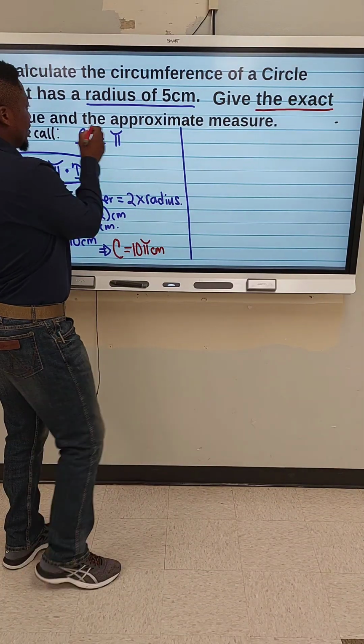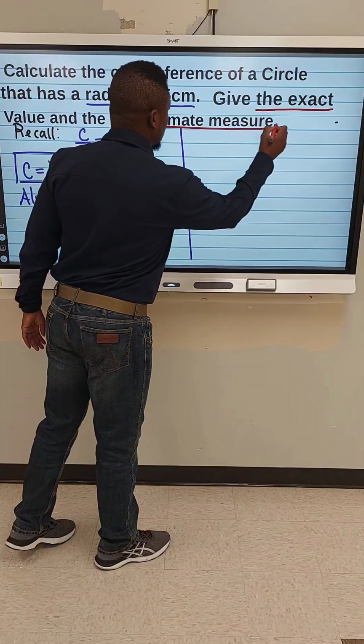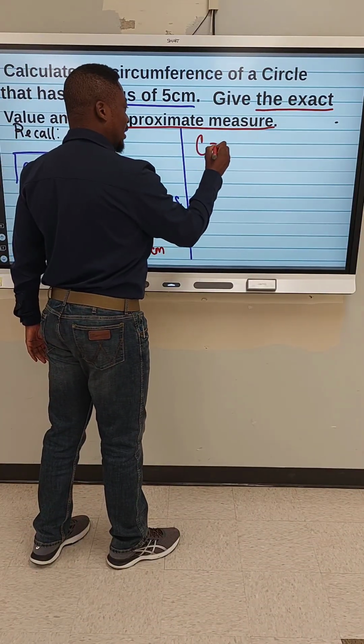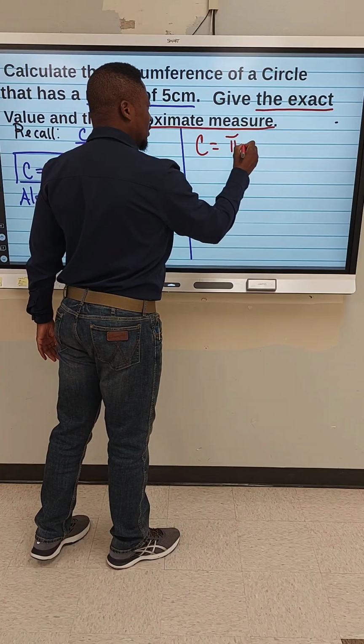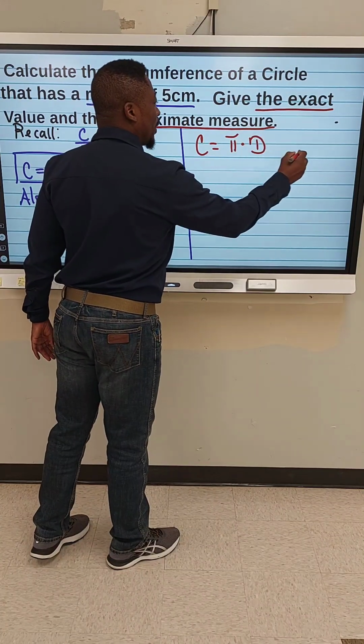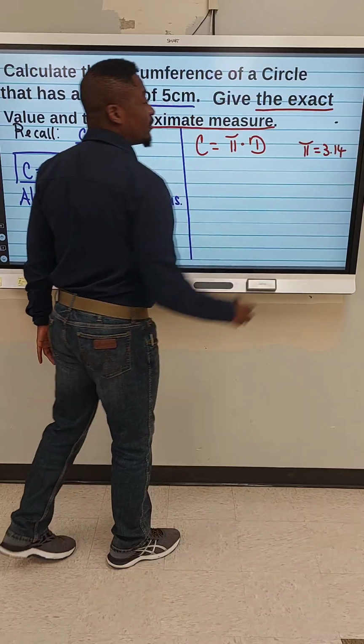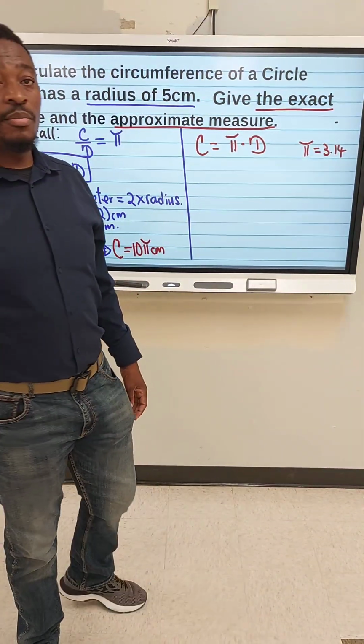Now, it also says to find the approximate measure of the circumference. Circumference again is pi times diameter. When we use pi as 3.14, 3.14 is an approximate value for pi.